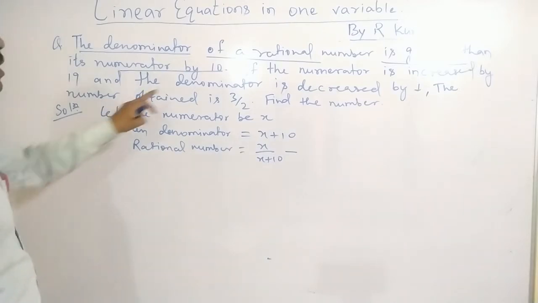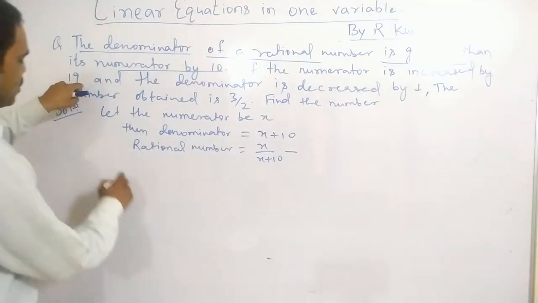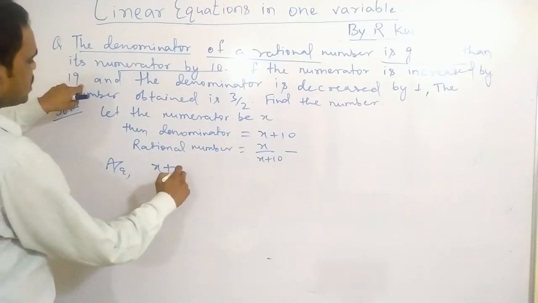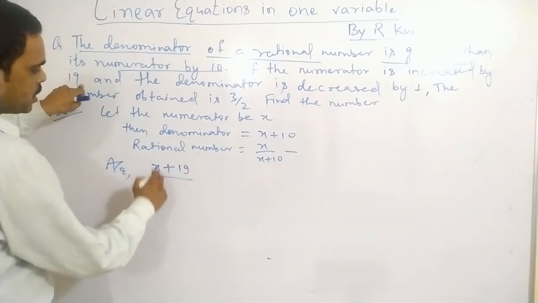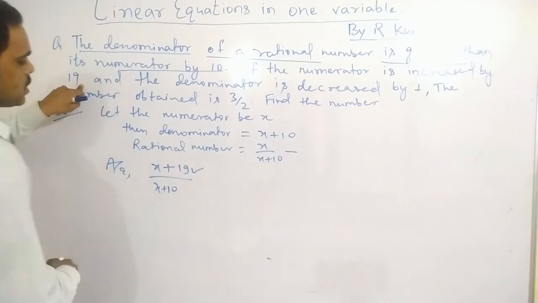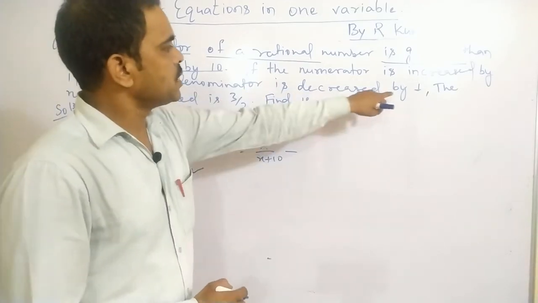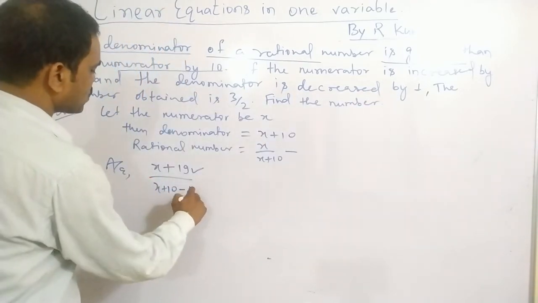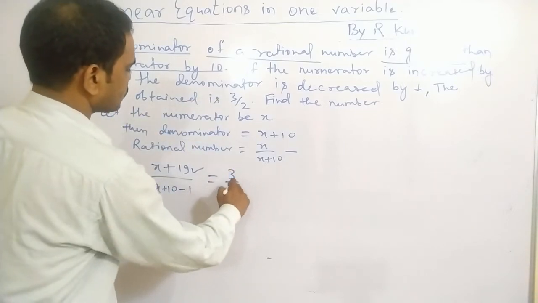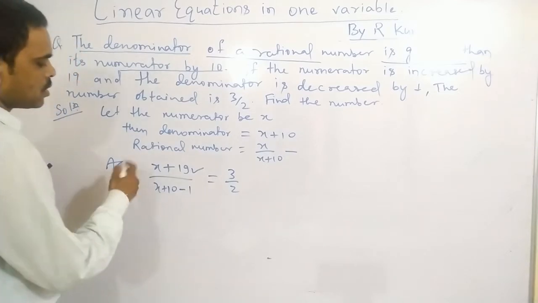Further it is said that if the numerator is increased by 19, x is increased by 19, and the denominator is decreased by 1, that is minus 1, it becomes 3 by 2. Now we have this equation.